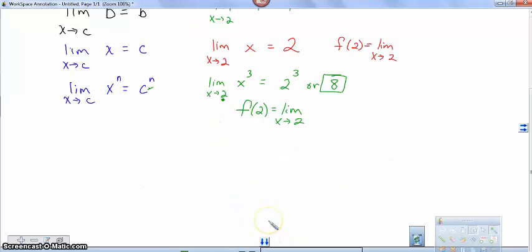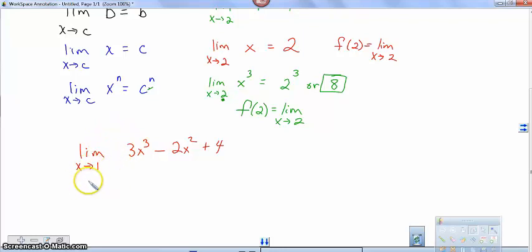Alright, so let's look at a couple examples, and like I said, make sure you look at the other properties that are on page 59. I'm going to be using them, but I'm not going to write them all down because you can do that on your own time. So let's look at this. The limit as x approaches 1 of 3x cubed minus 2x squared plus 4. Now, I'm going to rewrite this first one, but after this I'm not going to do all this because you're going to figure this out pretty quickly.